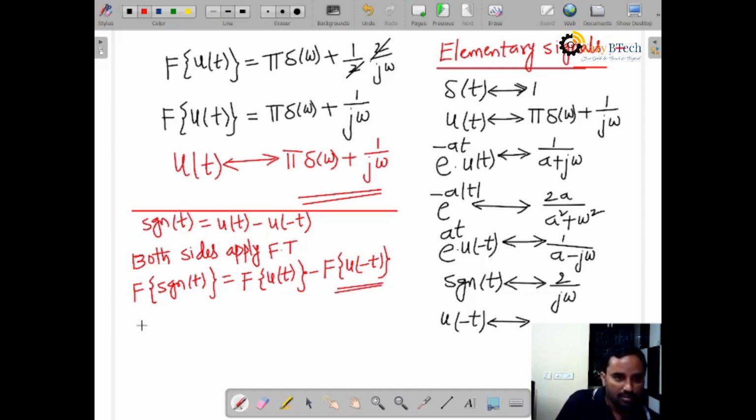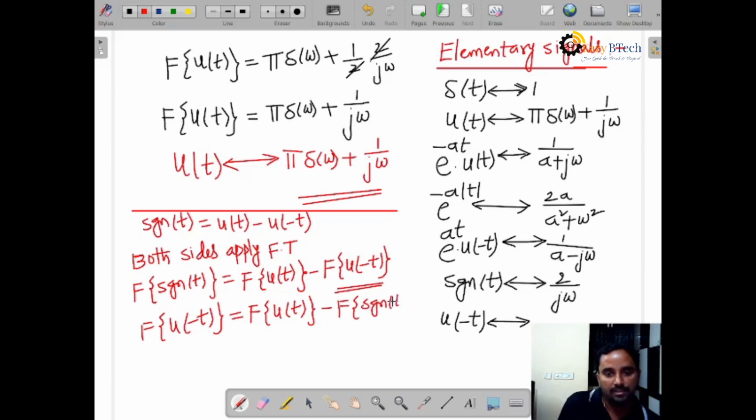So we can write Fourier transform of u of minus t is equal to Fourier transform of u of t minus Fourier transform of signum function. What is the Fourier transform of u of t?